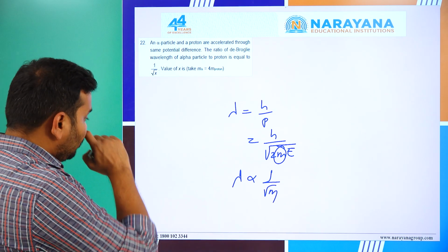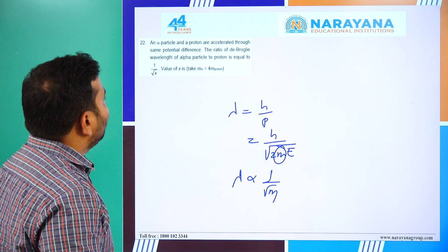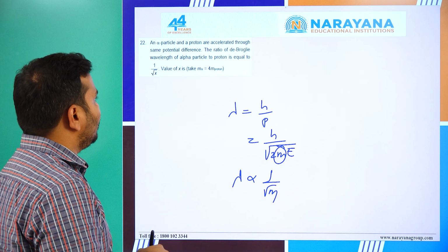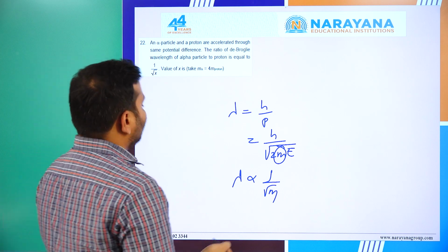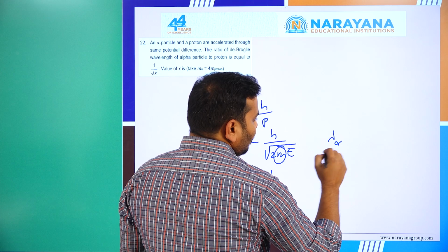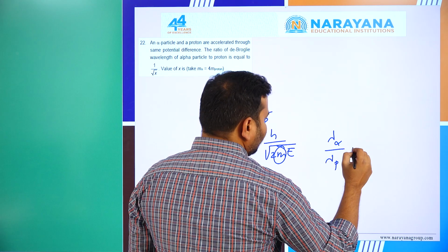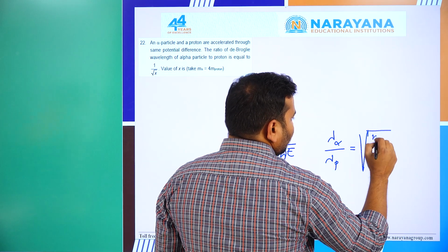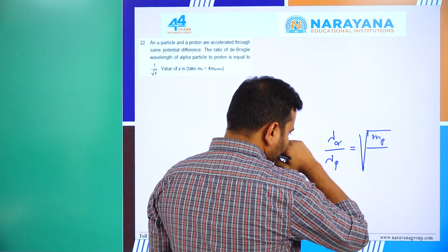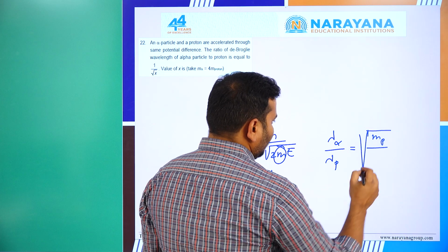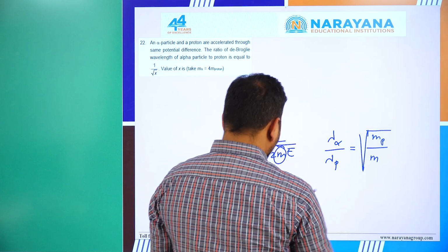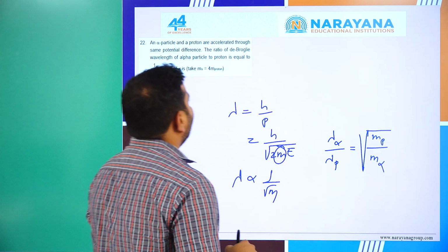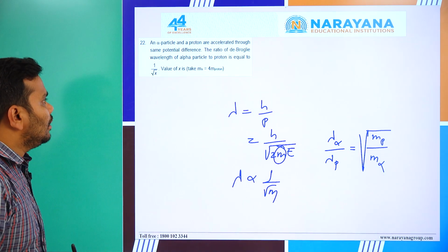So from this I can write the ratio of the de Broglie wavelengths of the alpha particle to the proton, which they are asking. Lambda of alpha divided by lambda of proton is equal to under root, mass of the proton divided by mass of the alpha particle, fine.